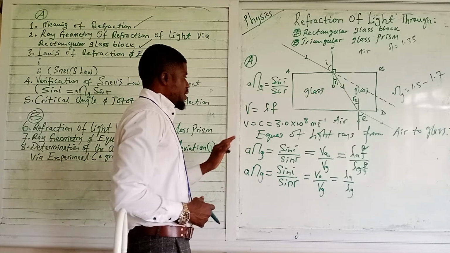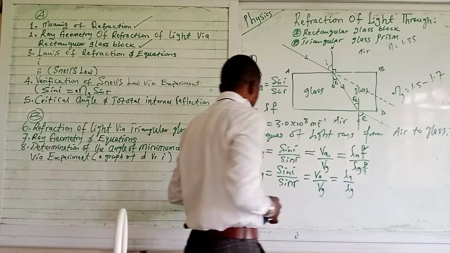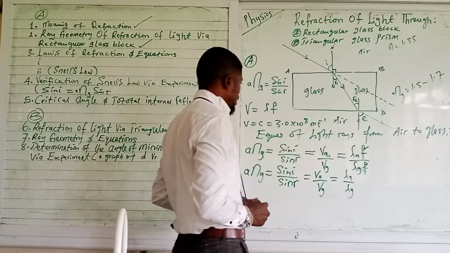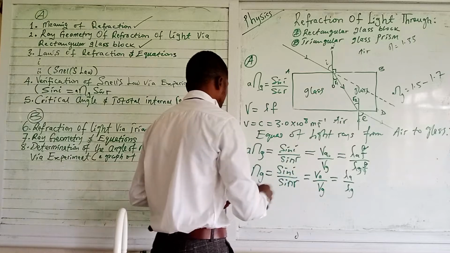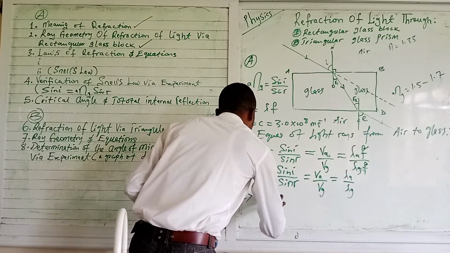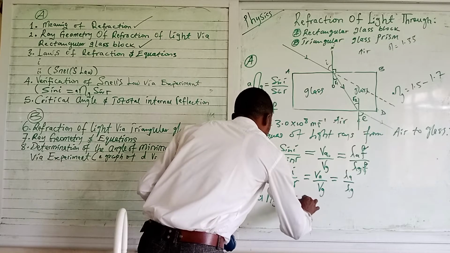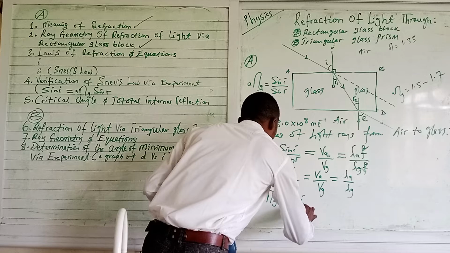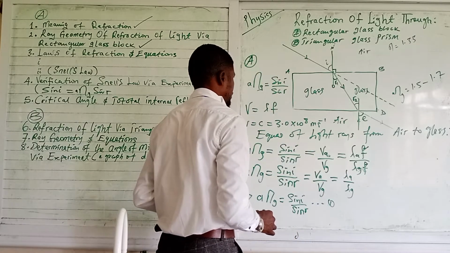So these equations are very, very important. What is the meaning of this? It implies that the refractive index of air to glass is equal to sine I over sine R. You can call this equation number 1.